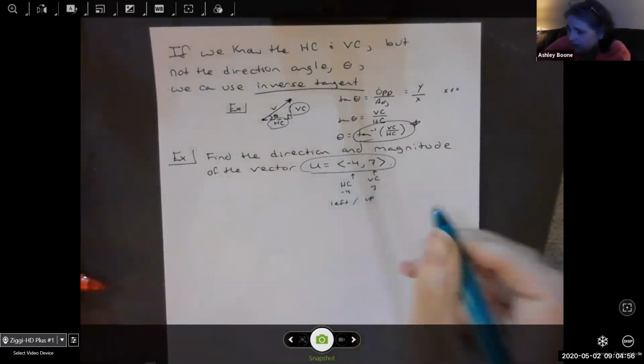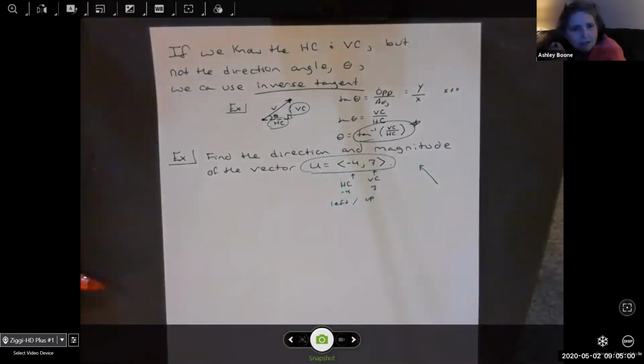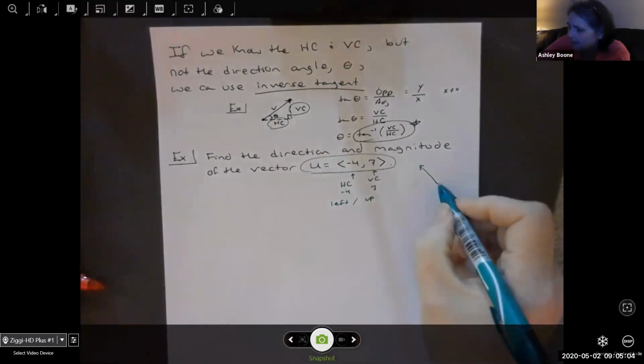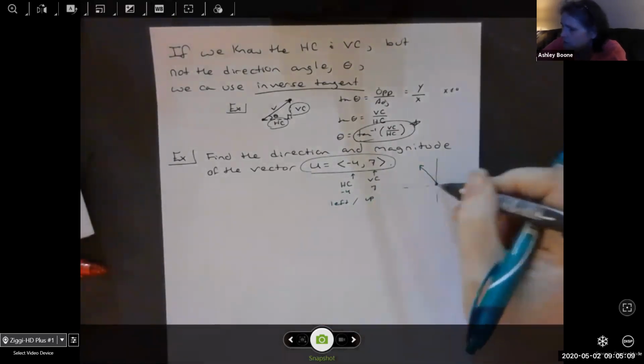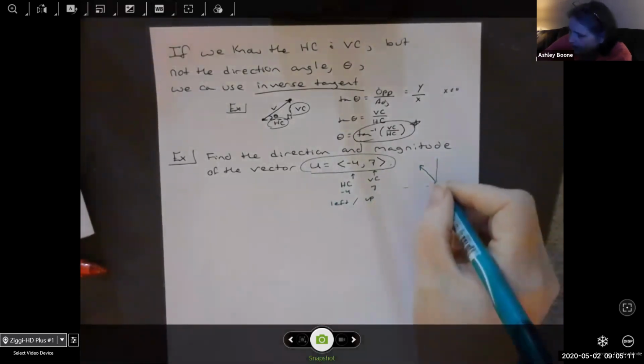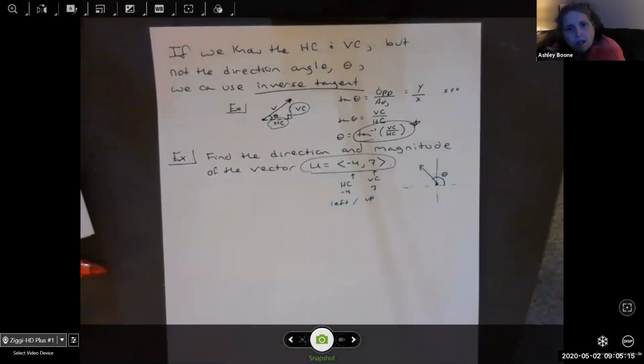If we imagine this diagram, we're going to the left and up. Our vector has that direction and shape in some way. So when we think about wanting our theta, we're actually looking for this angle right here, okay? We can use inverse tangent to get there.